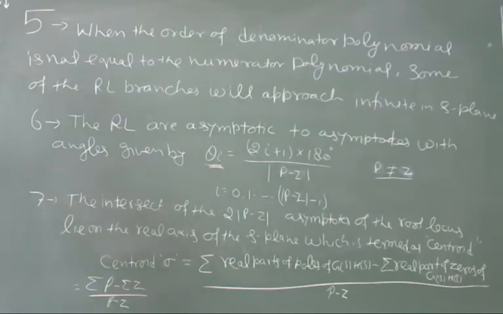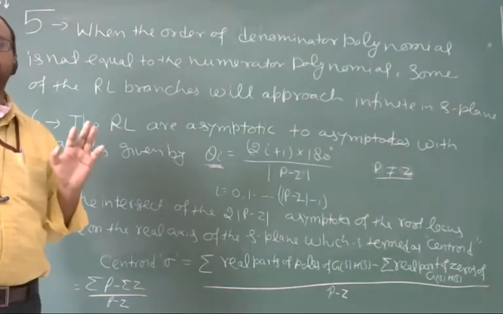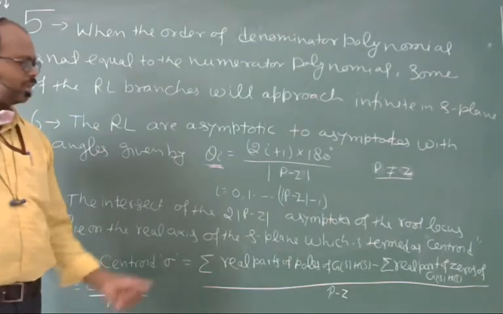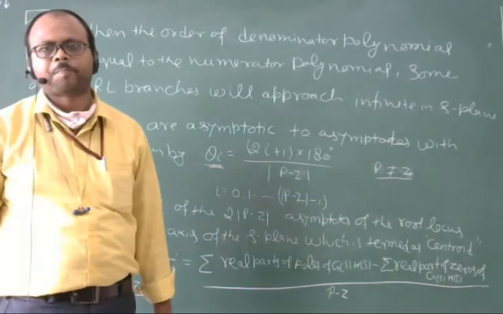And what is centroid? Centroid is the point from where we can draw our asymptotes, and this centroid must be on the real line.